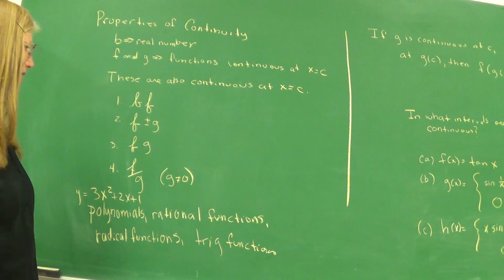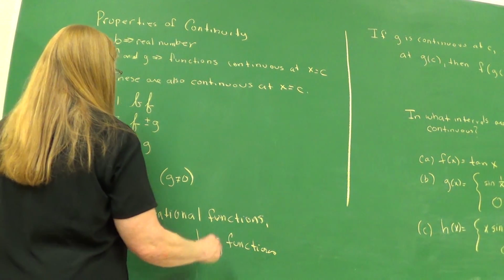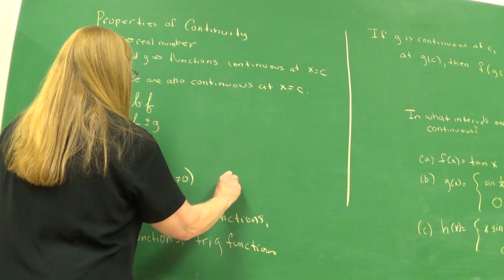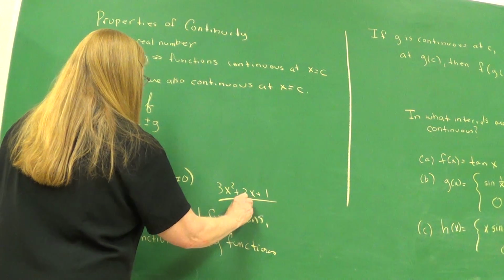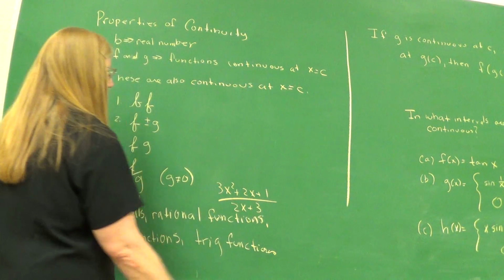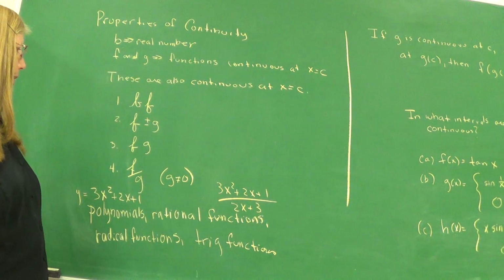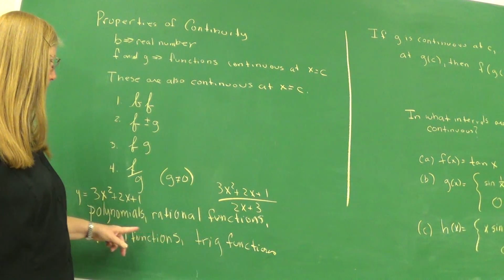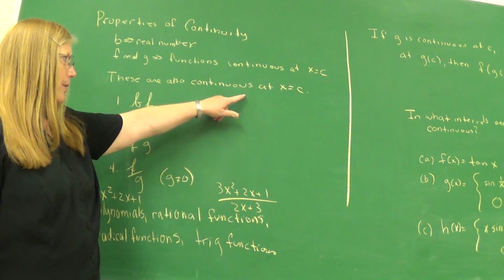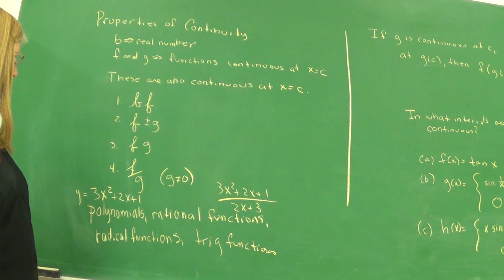A rational function is a function that has a polynomial in the numerator and a polynomial in the denominator. Given that these are continuous at a certain point, this rational function will also be continuous at a given point.